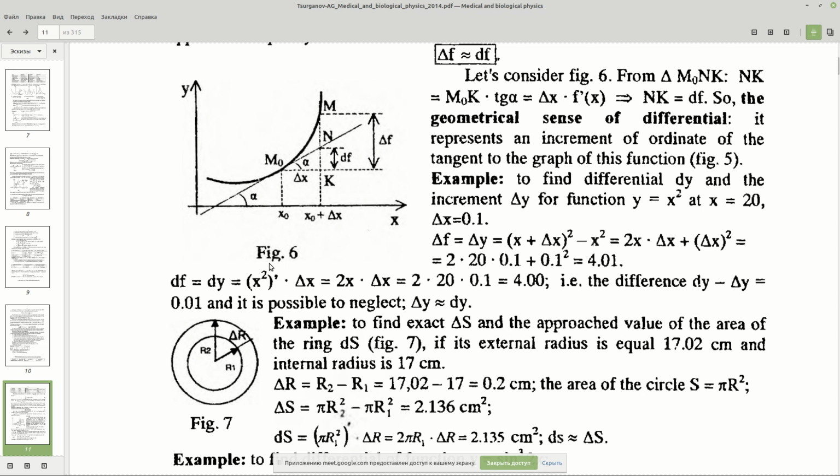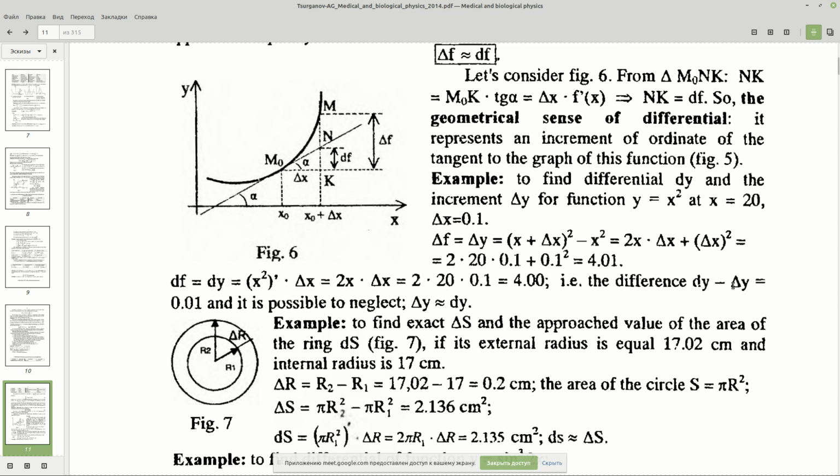Yes, it's very near to the result. The smaller delta x is, the smaller the difference between delta y and dy will be.